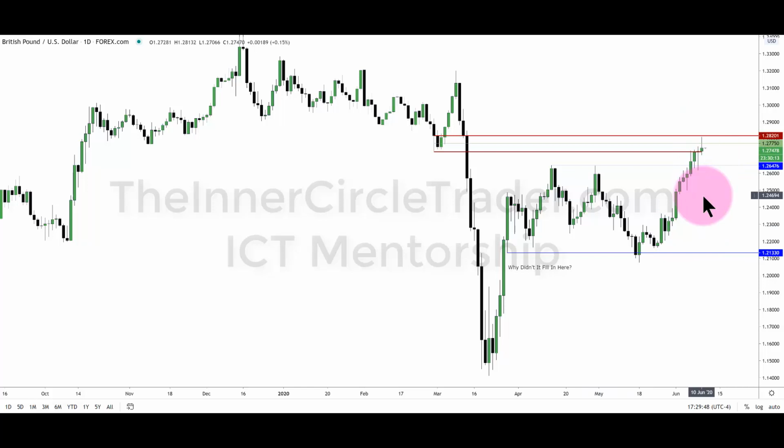Now, here's one of the things that I do like about what we have in the daily chart now. See this wick here, or tail? We traded down below Monday's low. We traded down below that, rejected it, and we expanded up today.